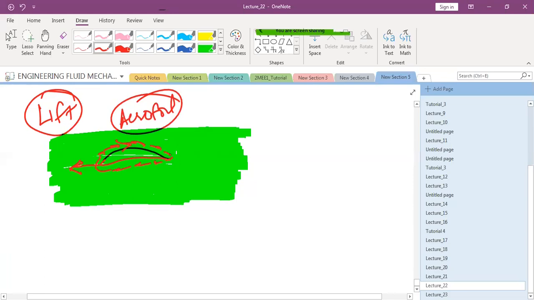And if you try to imagine, this is the trailing edge or the tail. So what do you think? Will there be any kind of vortex shed by this aerofoil as it moves?